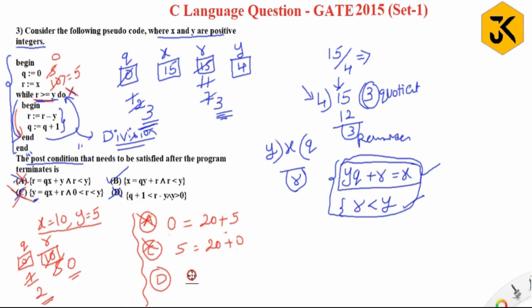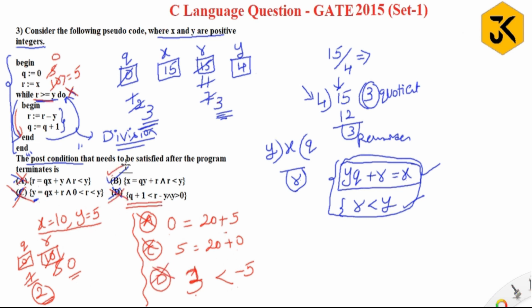Q is 2, so 2 plus 1 is 3. 3 less than r minus y. r minus y is minus 5. 3 less than minus 5 is not true, so option D is also wrong.